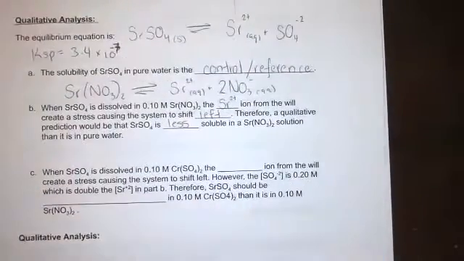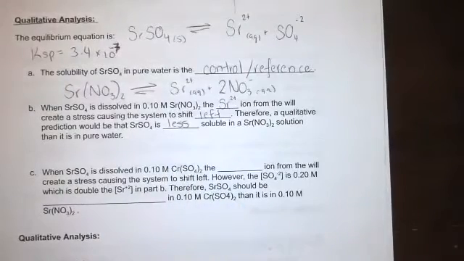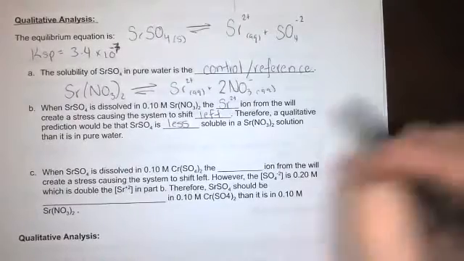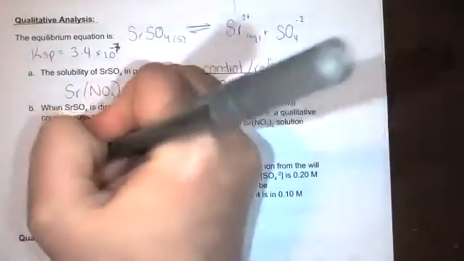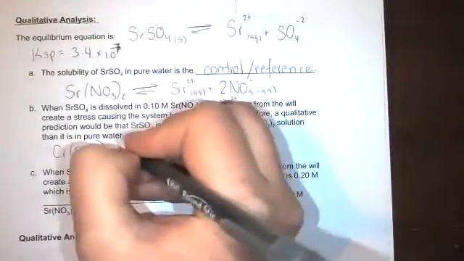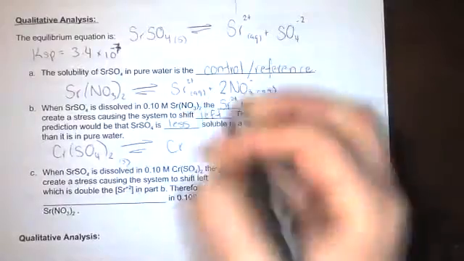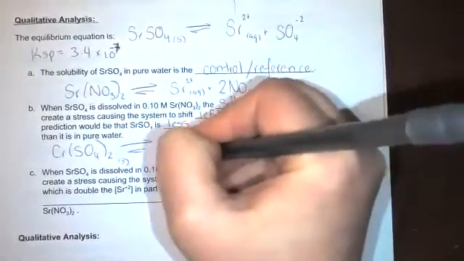So much like before, I am adding it to a solution that already has some of these ions present. Let's look at chromium sulfate here. What's going to happen in this solution? This is chromium 4, so we have the 2 on this sulfate. So in the solution, this will dissociate as well.